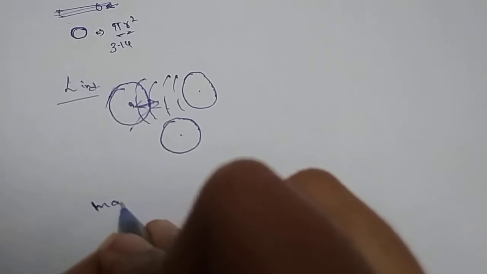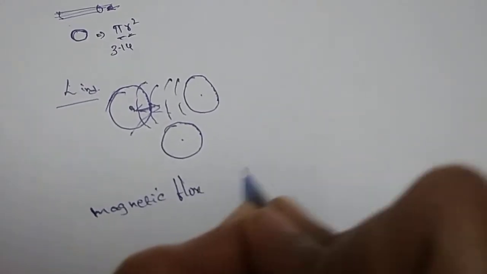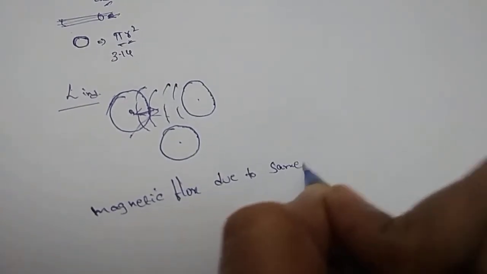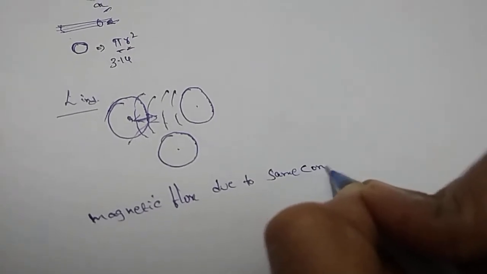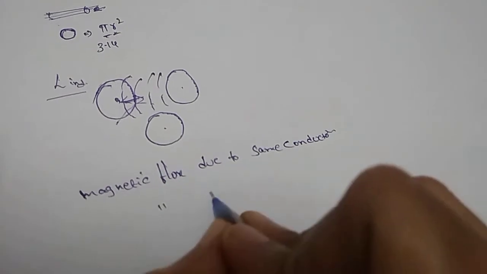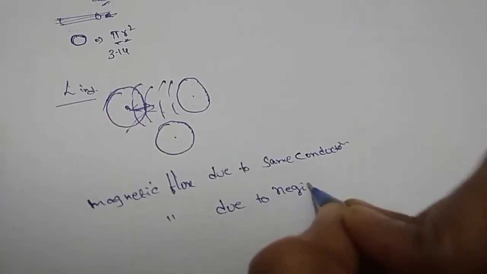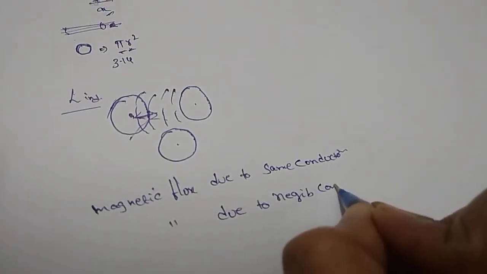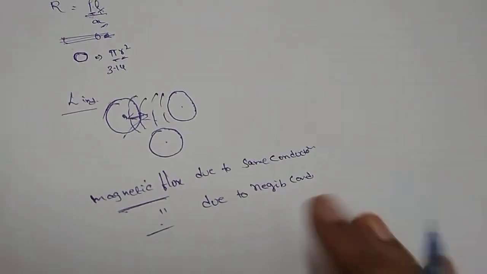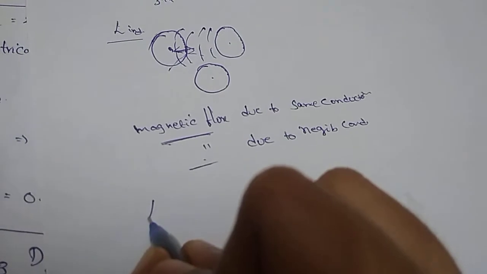We will consider the magnetic flux due to the same conductor, and at the same time, due to neighboring conductors also. We will consider those two things, and based upon that, we will calculate our inductance values.